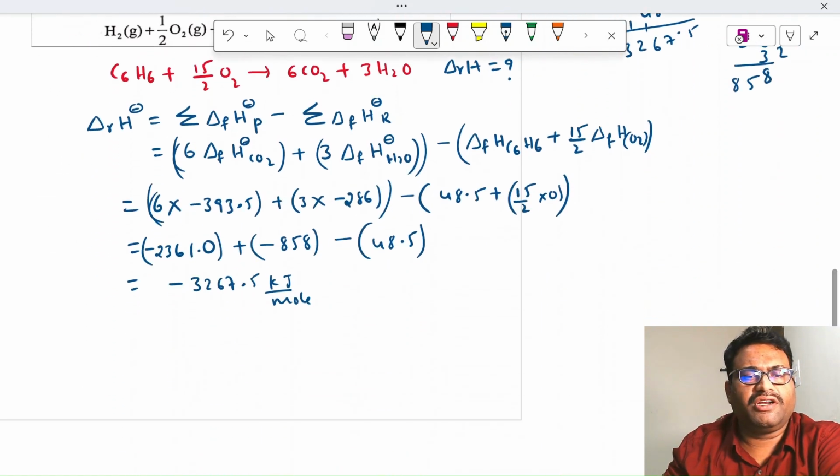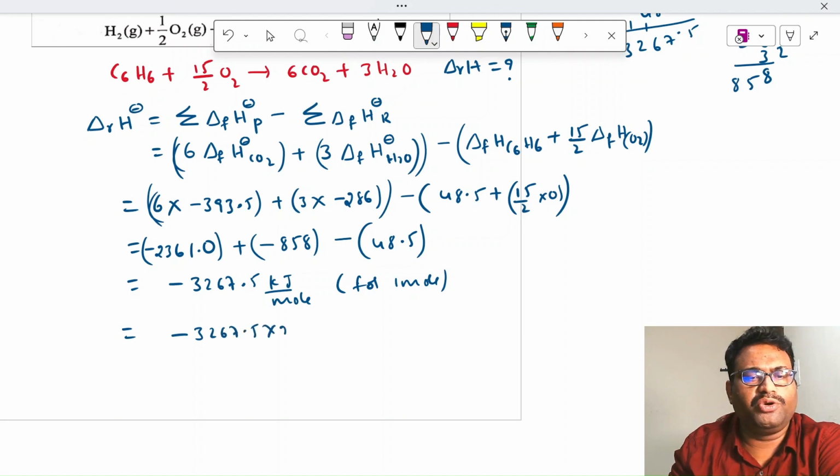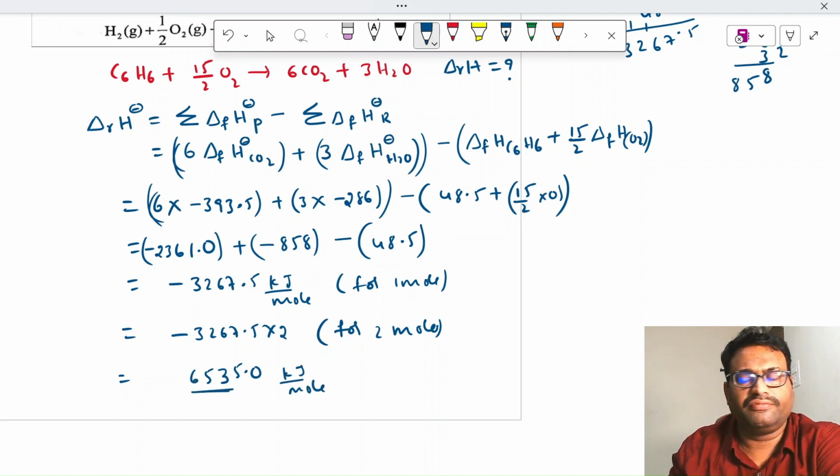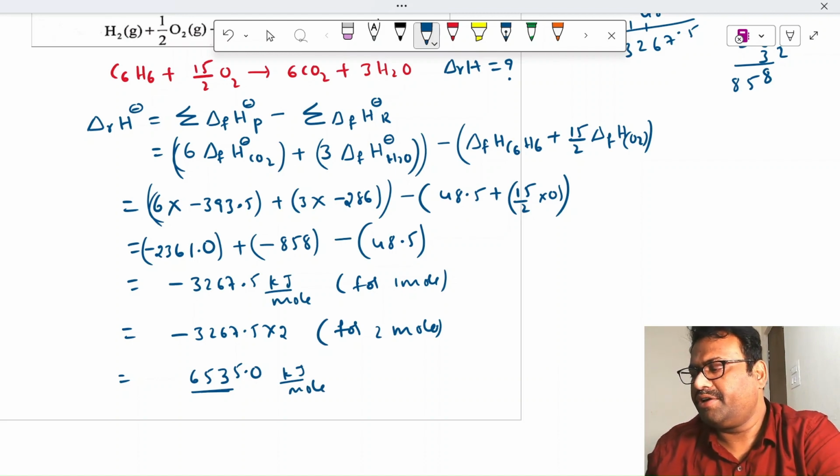So for 2 moles, minus 3267.5 into 2, which gives 6535 kilojoule.